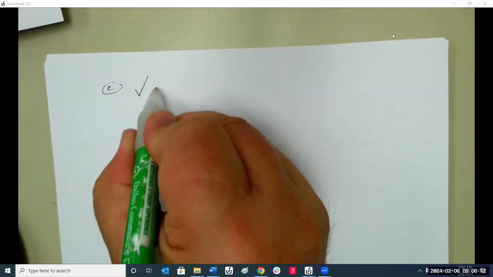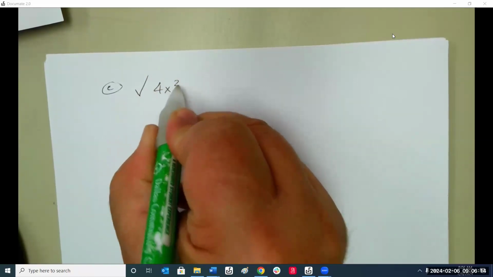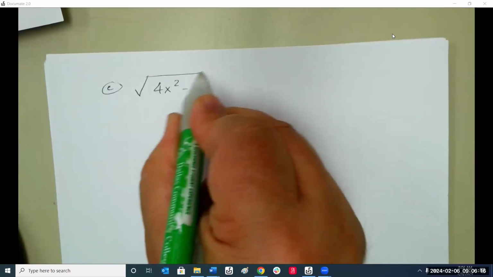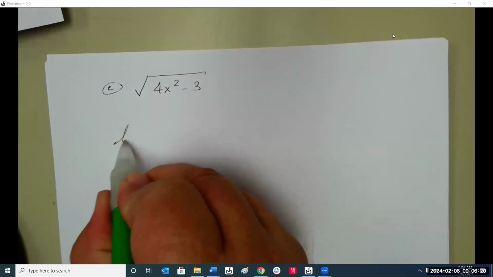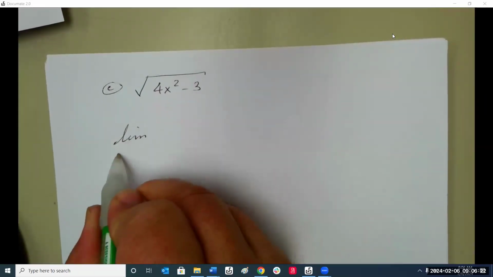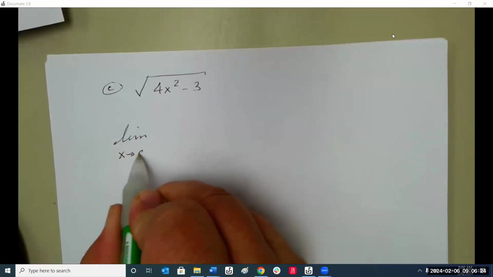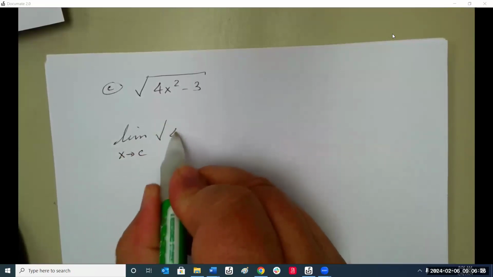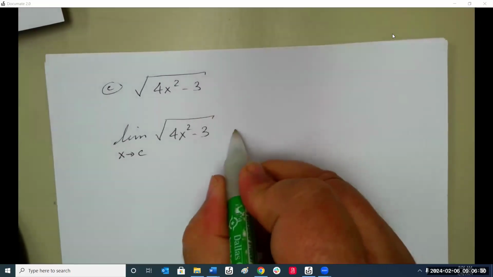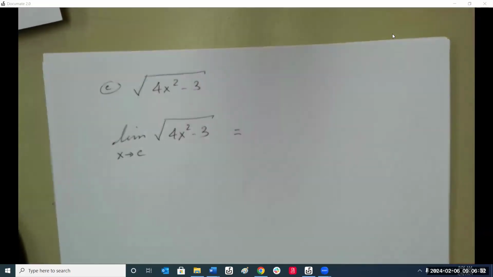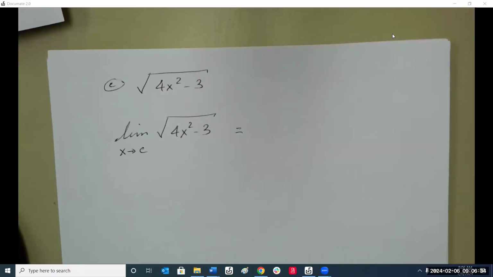The radical of 4x squared minus 3. What it's asking us to find is the limit as x approaches c of radical 4x squared minus 3. So what's the first thing you want to do there?